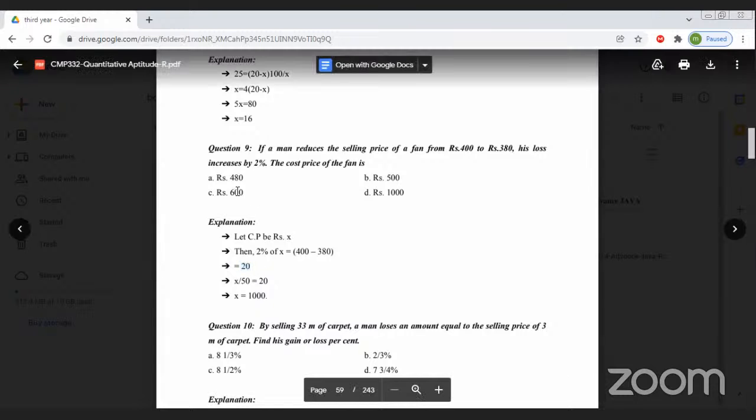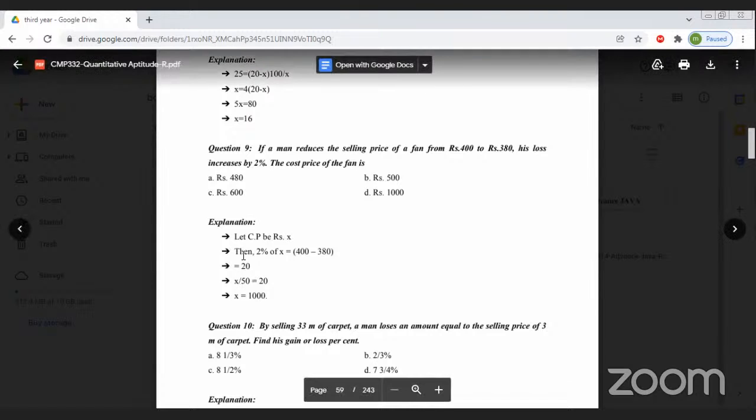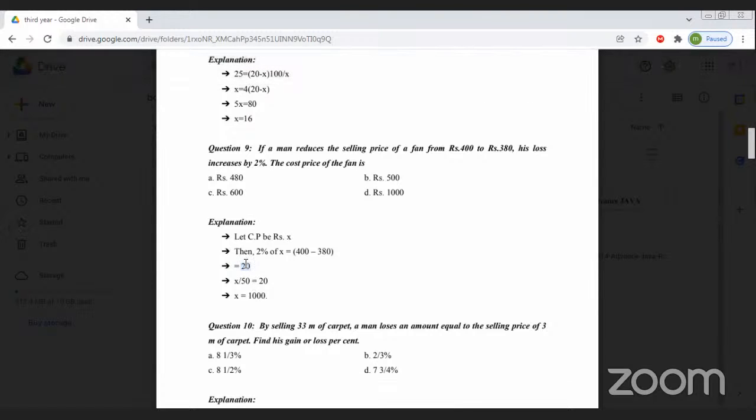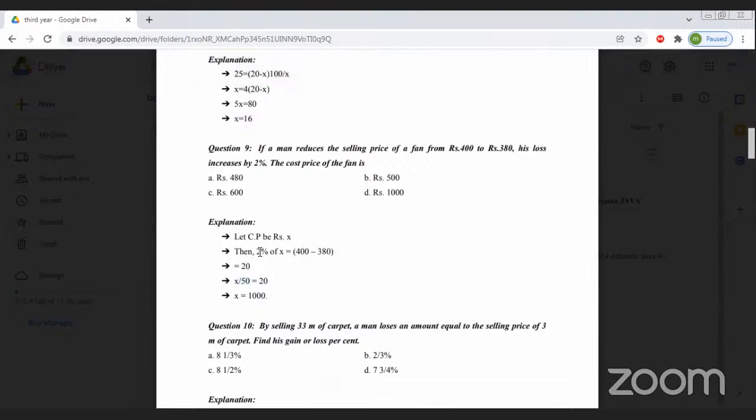No, this is not the way of solving it. Now see, if you need to find the cost price, how will you find it? How do you get this 20 now? By X by 50. So the X value will be 1000. And how do you get this 50? From the 2%. So 2% of X means what?